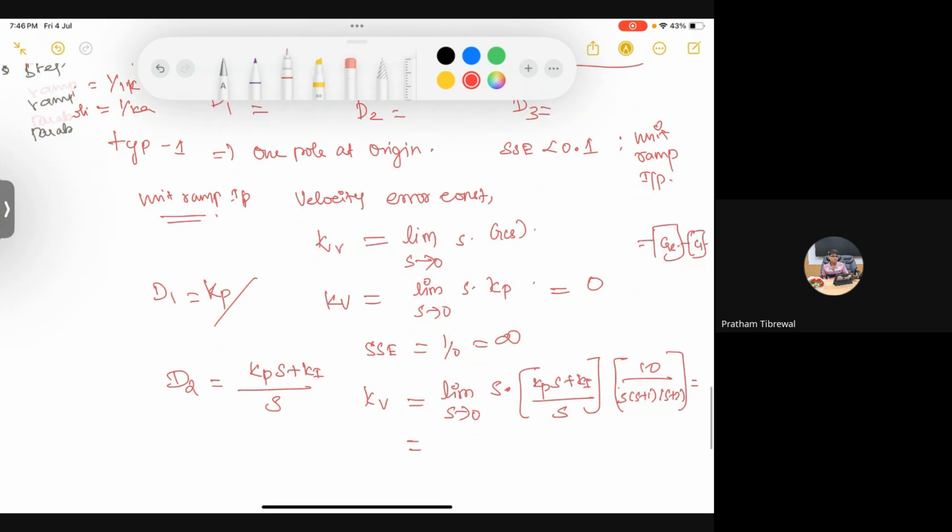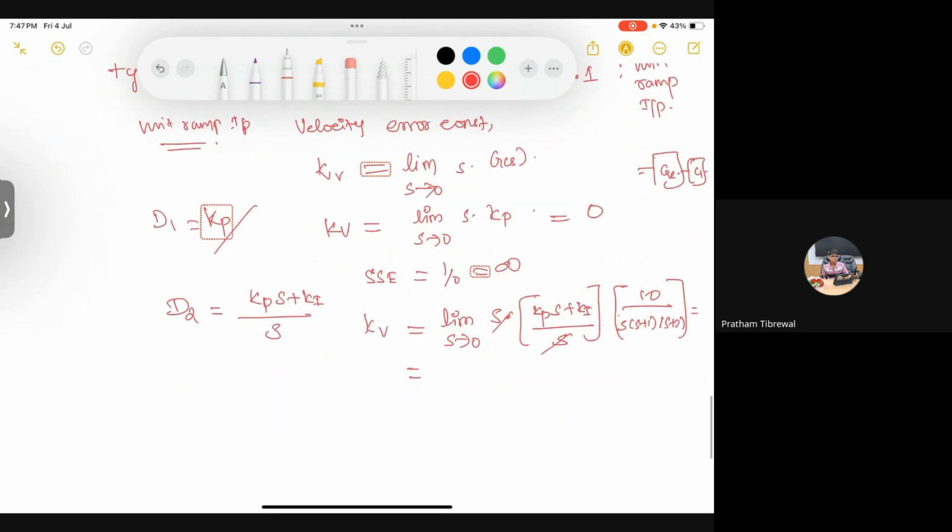So this will give you this s and s will get cancelled when you put s and s will get cancelled, right? There will be an s.